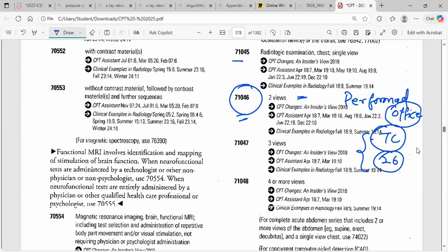So we are going to bill both components of the X-ray, without modifier. Whenever we are billing the global component, global means both the technical component as well as the professional component, then we use the procedure code only without modifier. So the correct answer should be D.